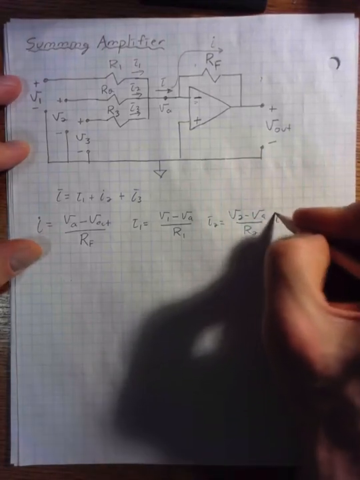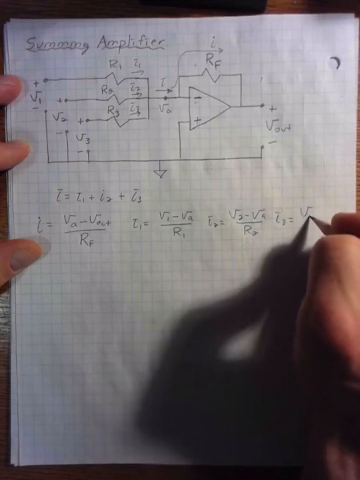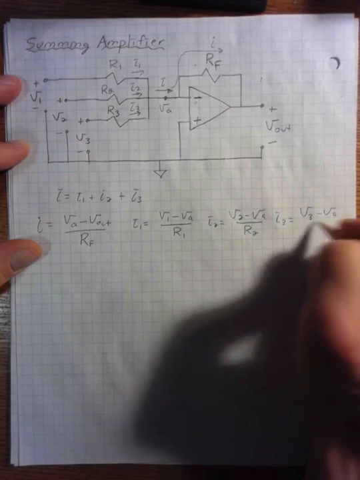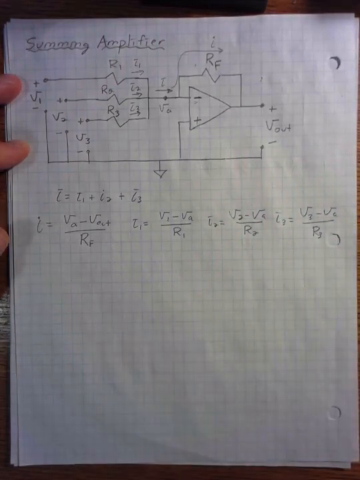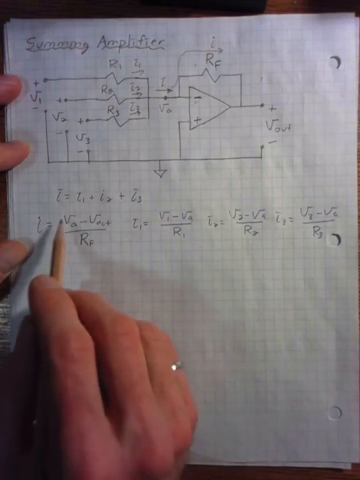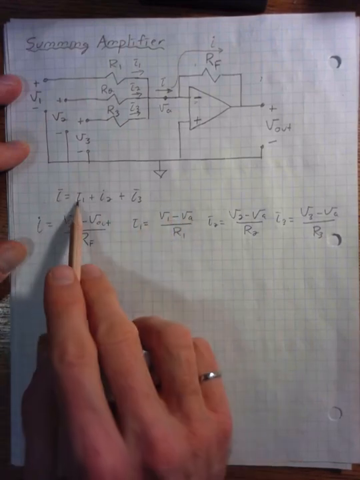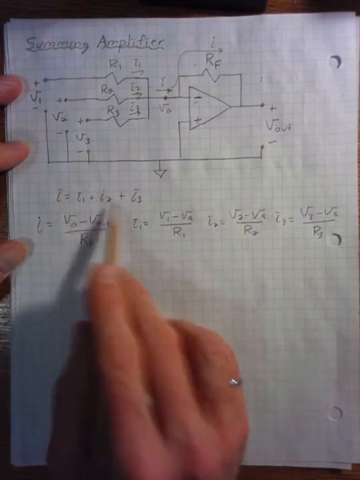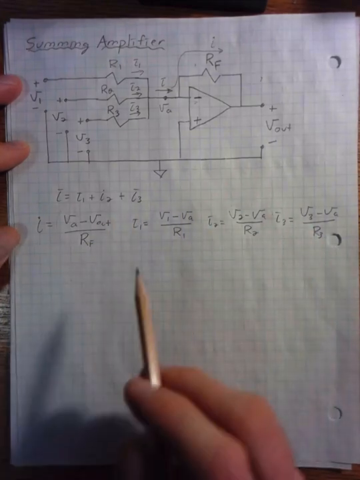And I3 is equal to V3 minus VA over R3. And so now to simplify these equations, what we can do is substitute this term in for I, this term in for I1, this term for I2, and this one for I3. But we can simplify our equations a little bit before we do that.